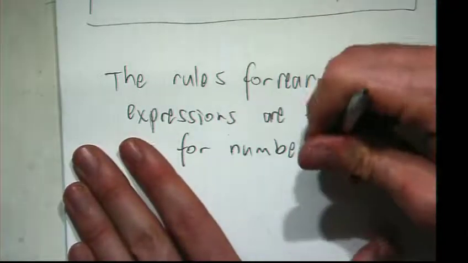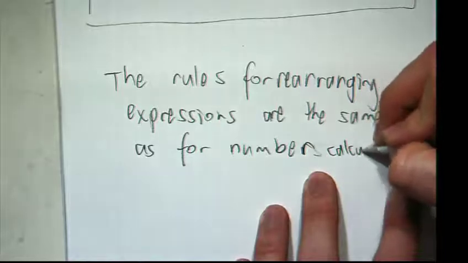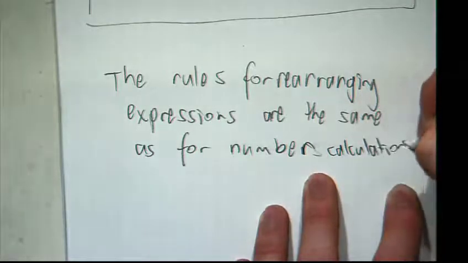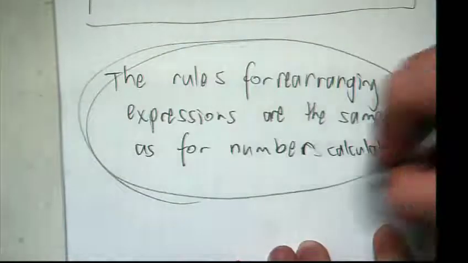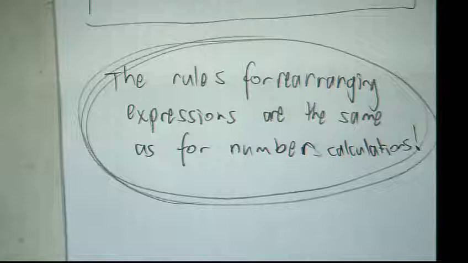So same as for number calculations. That's the big point I want to make. I spent a lot of time doing it with plain numbers, but all of the things I have mentioned will work exactly the same if there's letters in those places as well. And the reason they work the same is because the letters are just numbers. We just happen to not know what the numbers are at the moment.